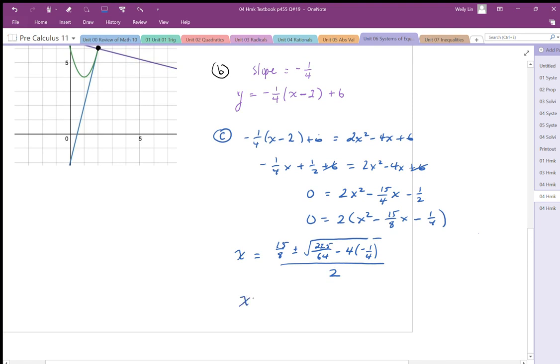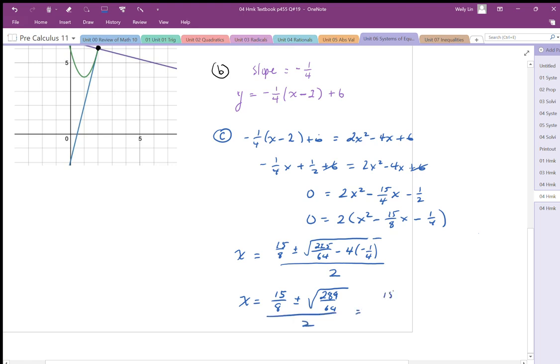So we end up with x is equal to 15 over 8 plus minus the square root of 225 over 64 plus 1. That gives me, just going to convert that to a fraction, 289 over 64. So the square root of 289 over 64, divided by 2.